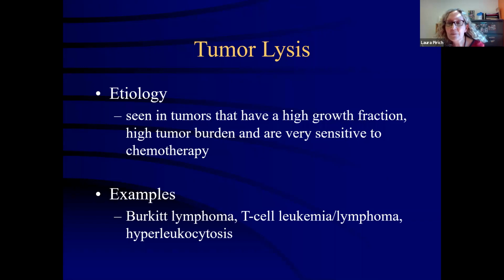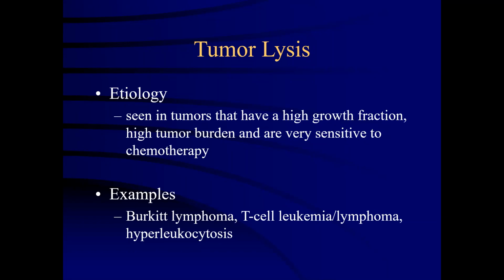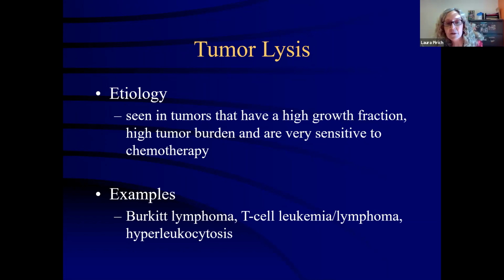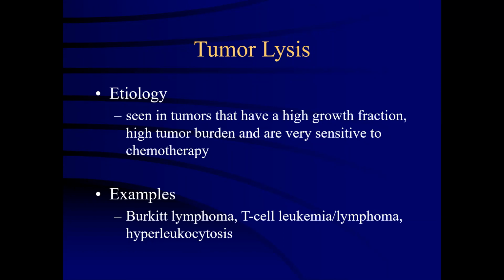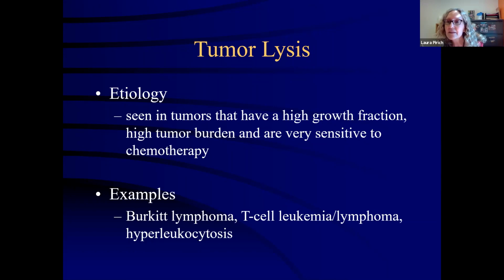Having a tumor that responds well to chemotherapy is great, but that also increases your risk of having tumor lysis. So the tumors that we see, Burkitt's lymphoma specifically, T-cell leukemia and lymphomas, and any leukemia where the white count is really, really high. So an AML that has a super high white count or a B-cell leukemia that has a super high white count are at risk for tumor lysis.